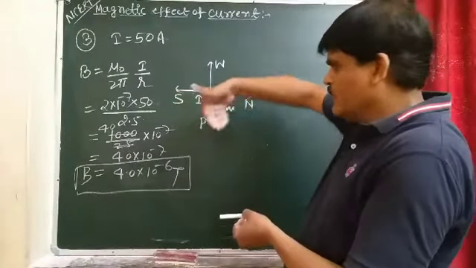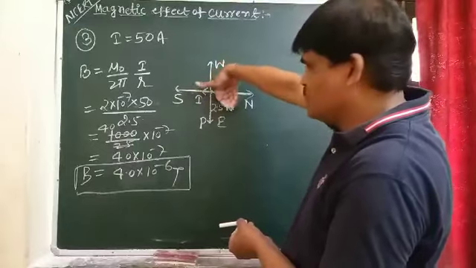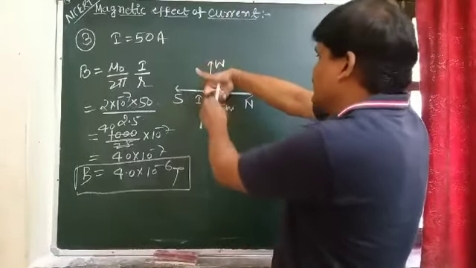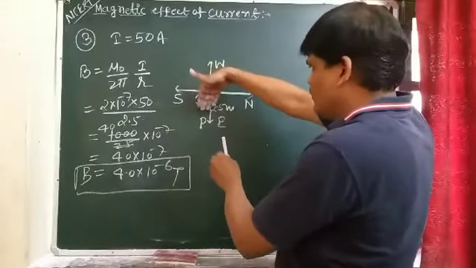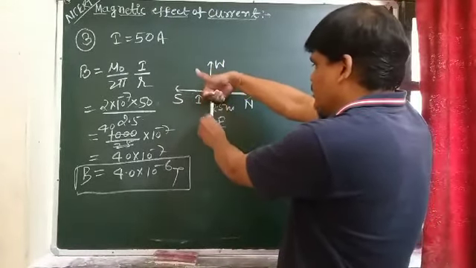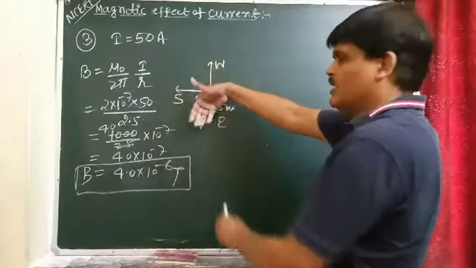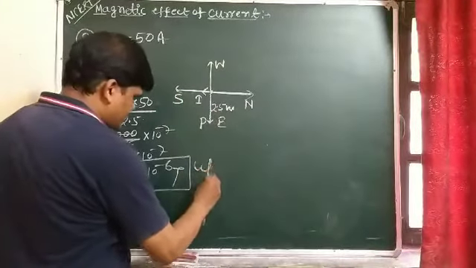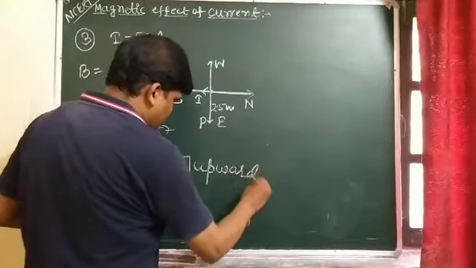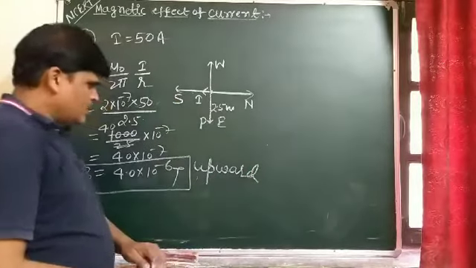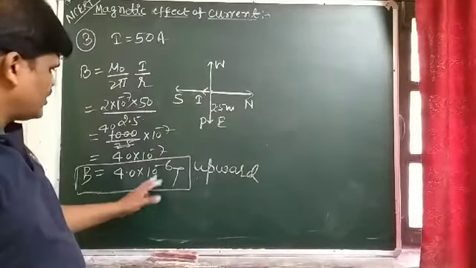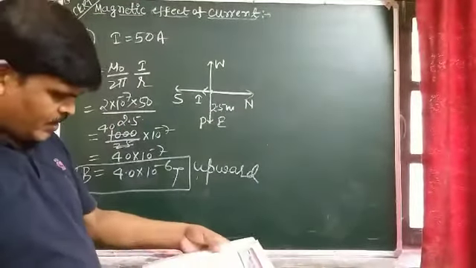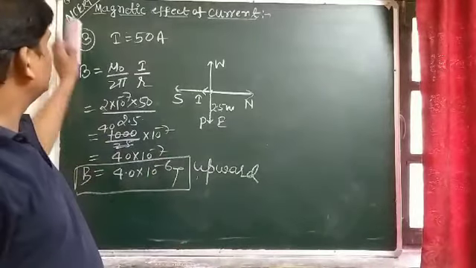This is the current flowing into the straight conductor, and curling fingers, suppose at point P, if you draw a tangent on it at the point E on the concentric circle, the direction of magnetic field is upwards. So B comes out to be 4 into 10 to the power minus 6 Tesla, and its direction is upward, that is vertically upward.